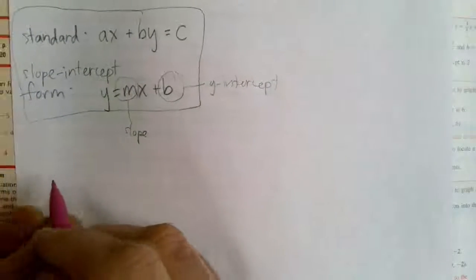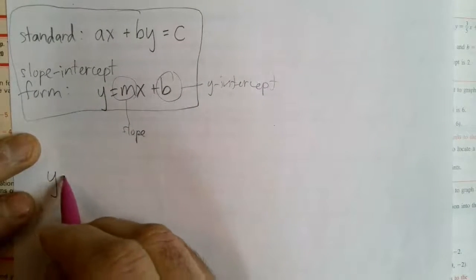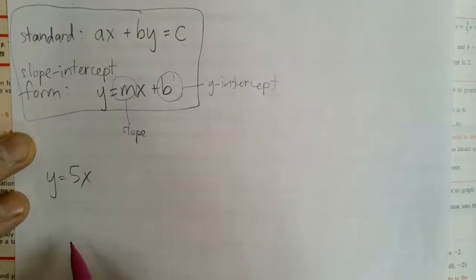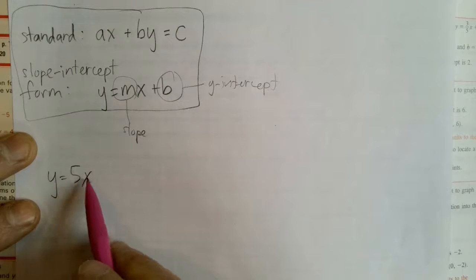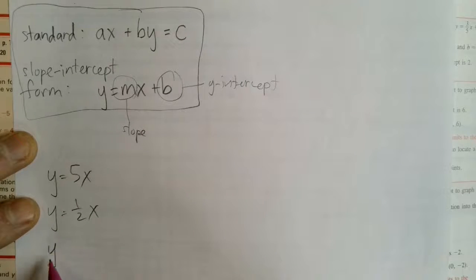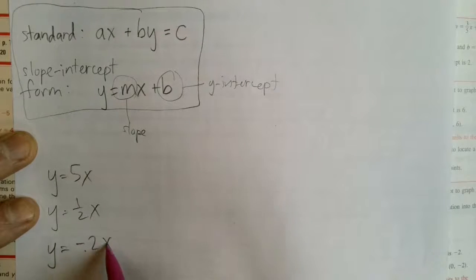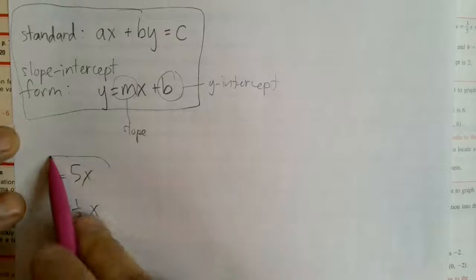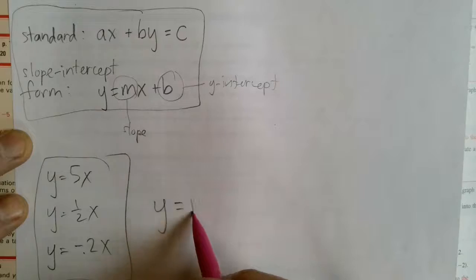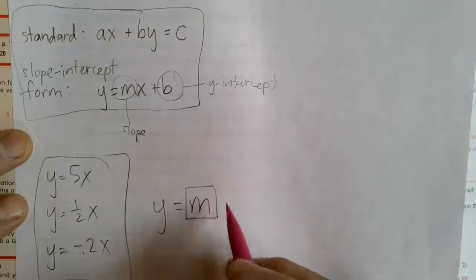So here's what we're talking about. If you see y equals 5x, is that a line? Yes, because it has y equals something times x. Is this a line? y equals -0.2x. What about that? Yes, all these are lines because they all look like y equals a number times x.